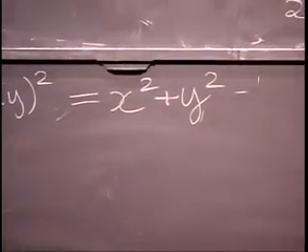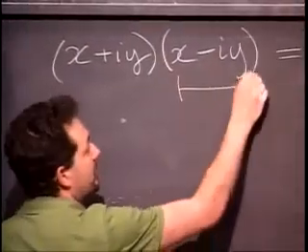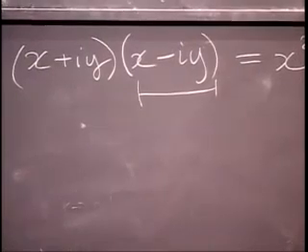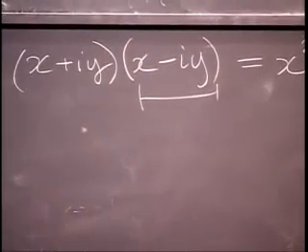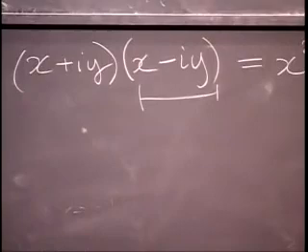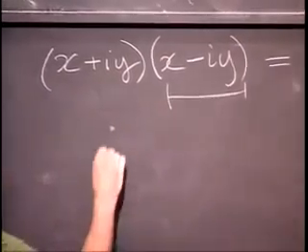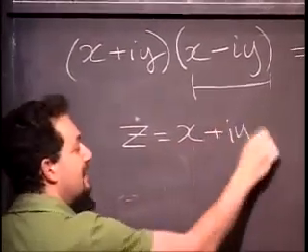That's the difference between a normal conjugate and this so-called complex conjugate. When you multiply them together, you get a nice x squared plus y squared. It's not only a real number, it has to be positive, because squares are positive unless x and y both happen to be 0. So in summary, suppose I start with z equals x plus iy.